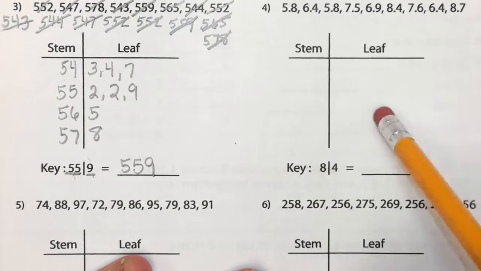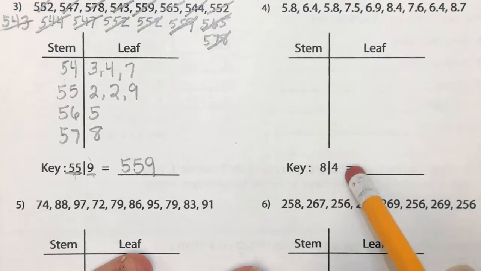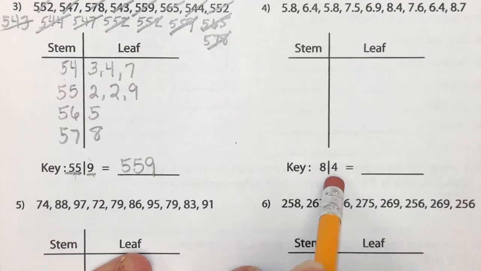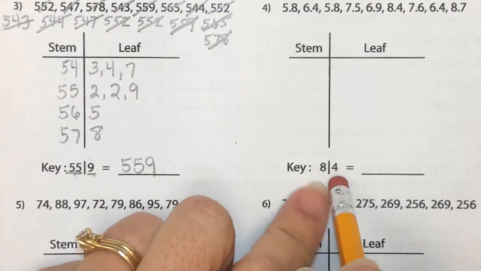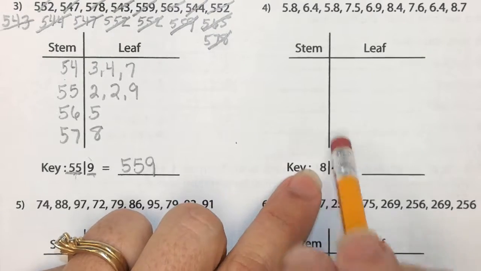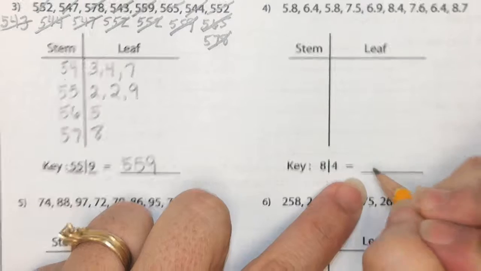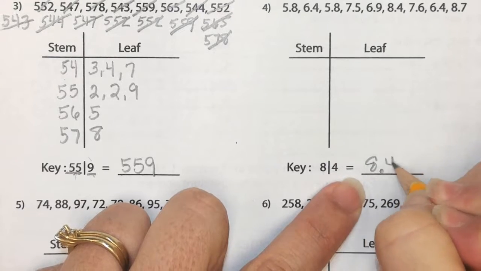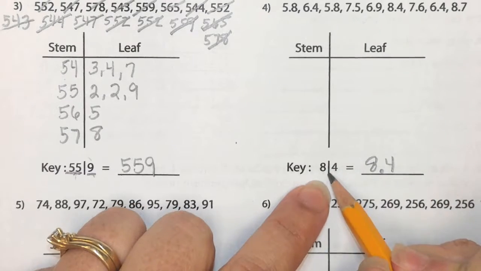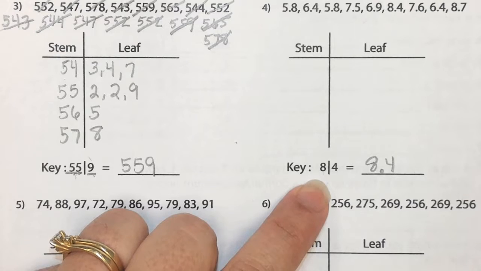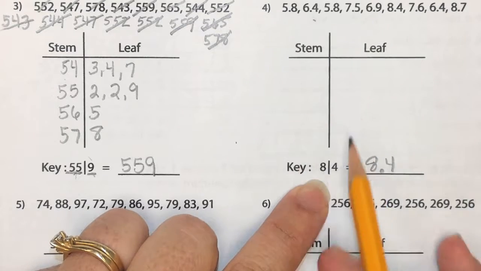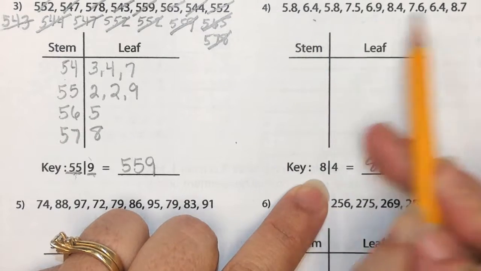Okay. So these are decimals, and then they have this key down here. Ah, you got it. So 8 with the bar, the divider line, with a 4 means 8.4. Basically, the divider line can be a decimal. They're going to tell you by comparing it with a list of numbers, though.